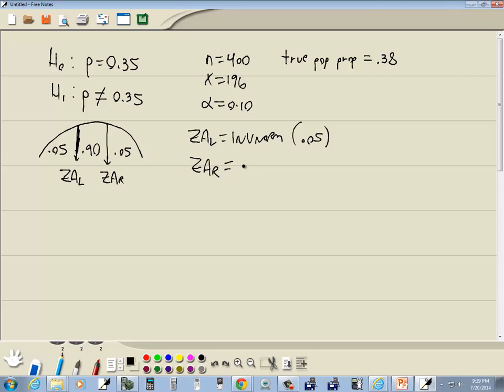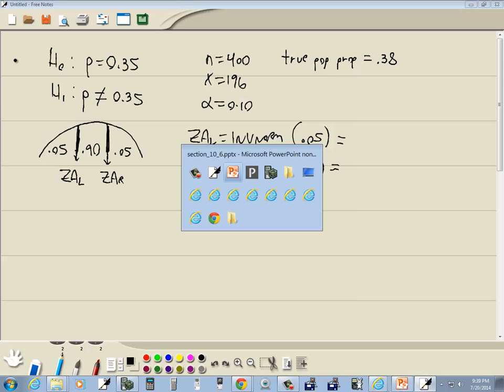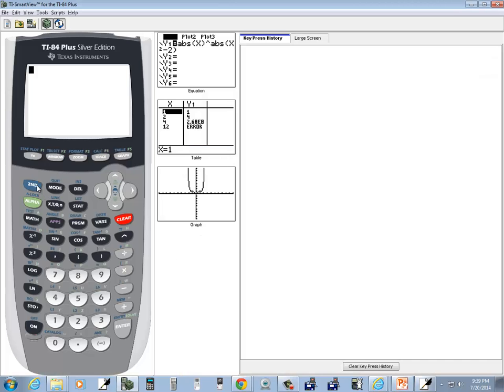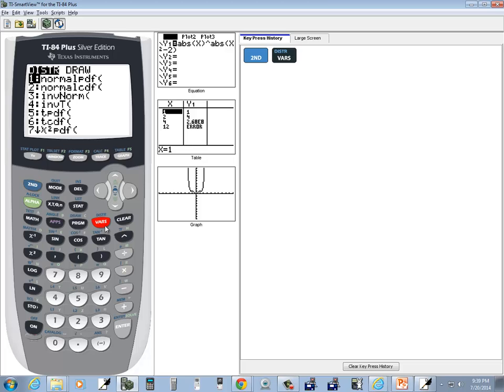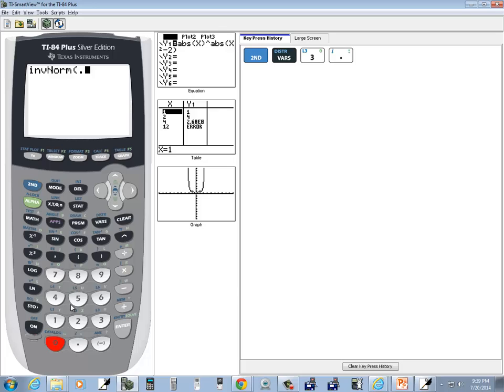Now ZA sub R. It's also going to be the area to the left. And here's ZA sub R, and the area to the left of it, you have to add up the 0.05 and the 0.90, which would be 0.95. And I say to round those to 3 decimal places. Okay, so let's go do that. Second vars, INV norm, 0.05.